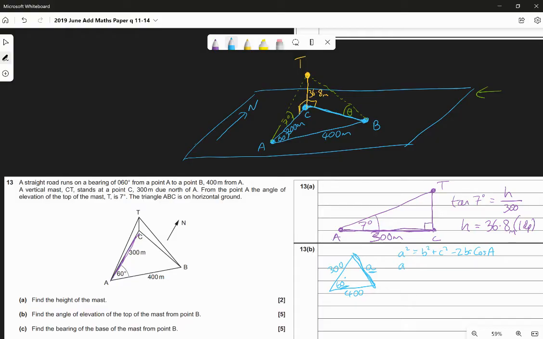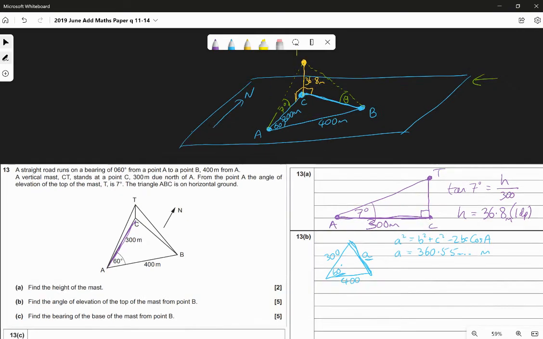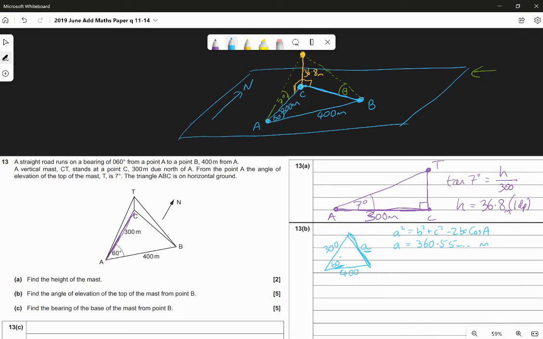And I substitute that in my calculator, and that gives me, for the length a, not a squared, but for the length a, 360.55 dot dot dot. I'm not going to round it because I want to keep the number that's in my calculator, because you shouldn't round and then use a rounded number in further calculations. You should use the full exact value from your calculator.